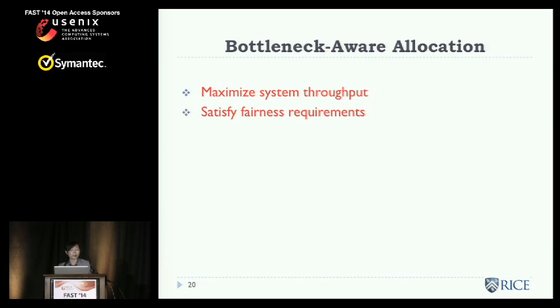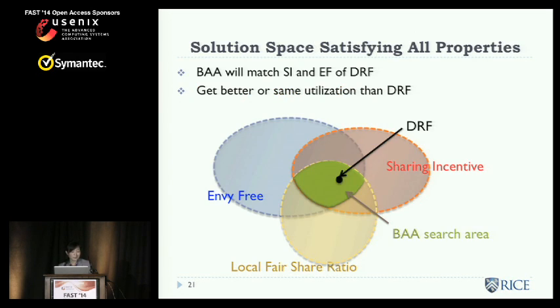So what will bottleneck-aware allocation do? It will maximize the system throughput while at the same time satisfying all the fairness requirements. This figure gives an idea how bottleneck-aware allocation guarantees fairness and maximizes system throughput.